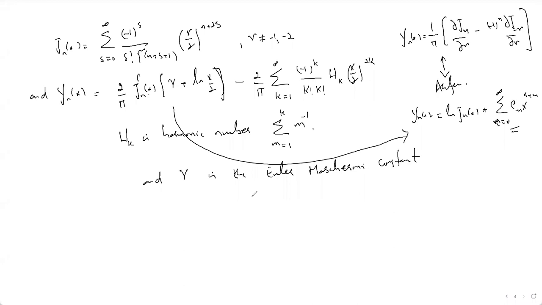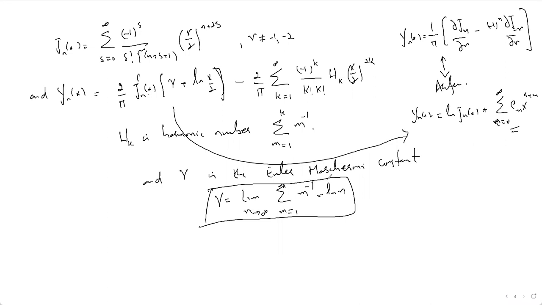This gamma is always given by gamma equal to the limit n tending to infinity of the summation over m running from 1 to n of m raised to power minus 1, minus ln of n, log natural of n. So this factor is called the Euler-Mascheroni constant.